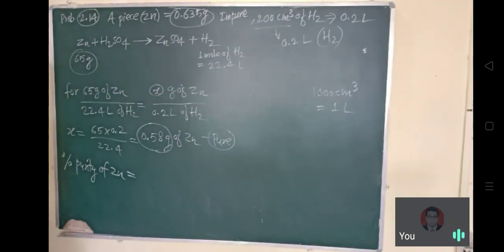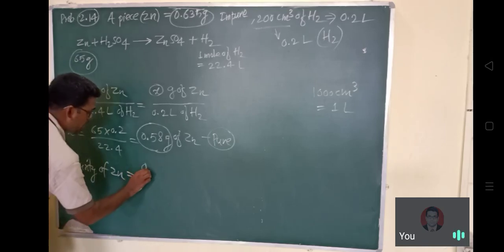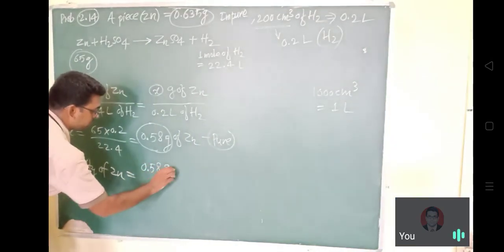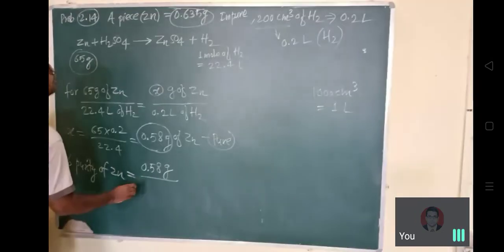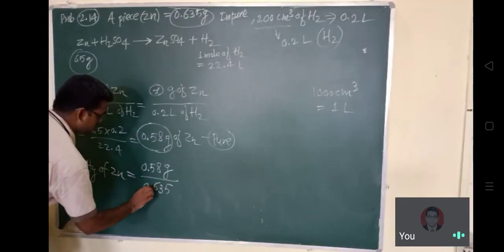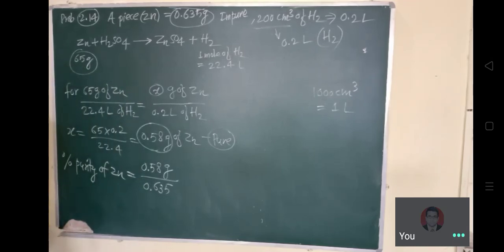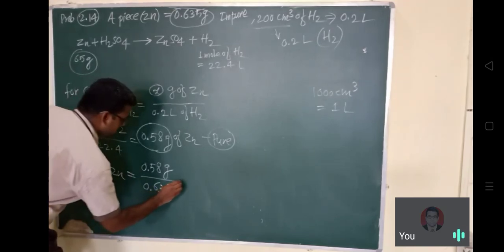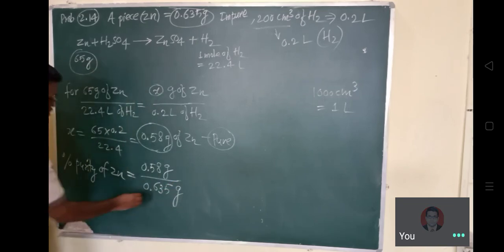So what we have to find out is the percentage purity of zinc. How pure is it? We know that 0.58 grams is pure out of the given piece of 0.635 grams.